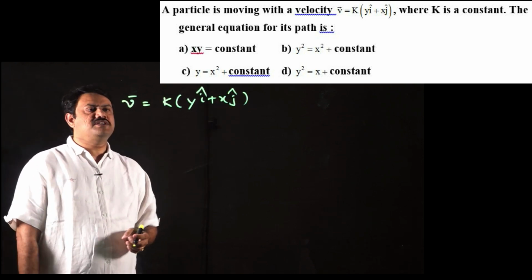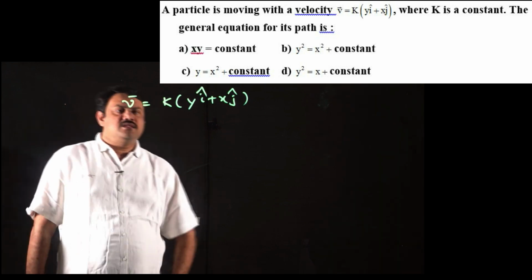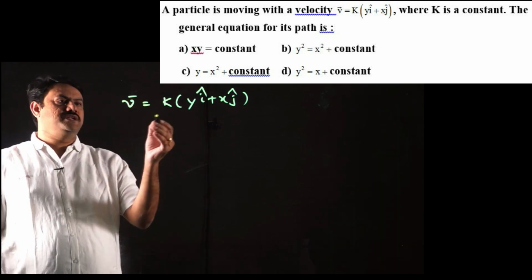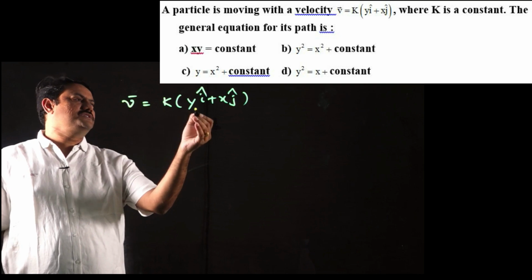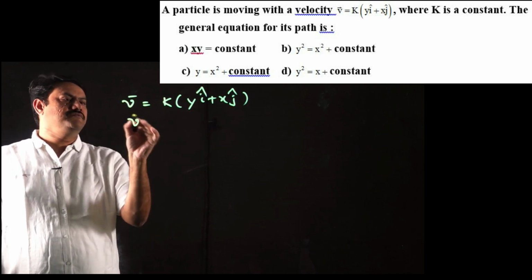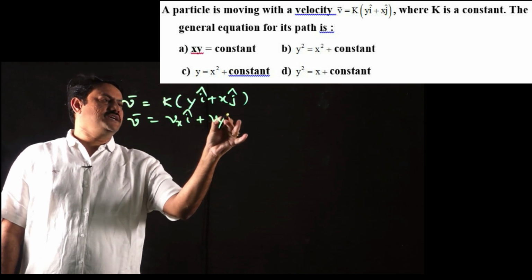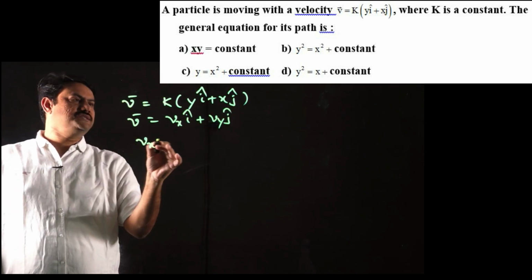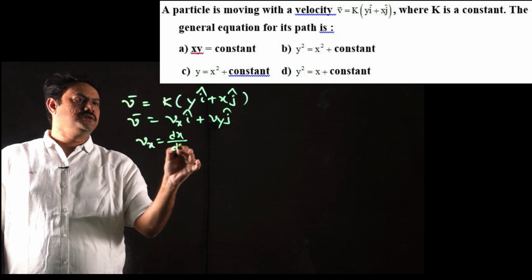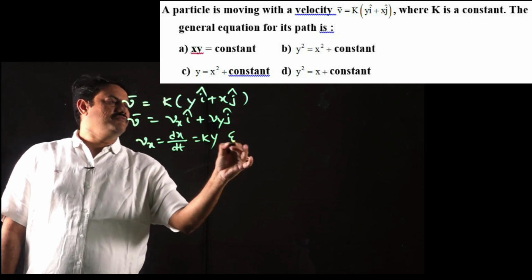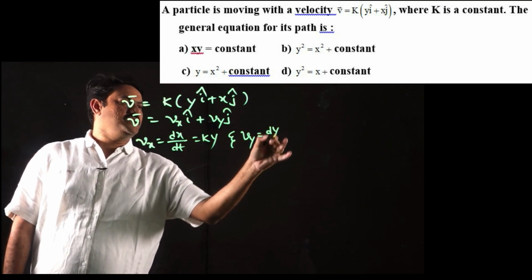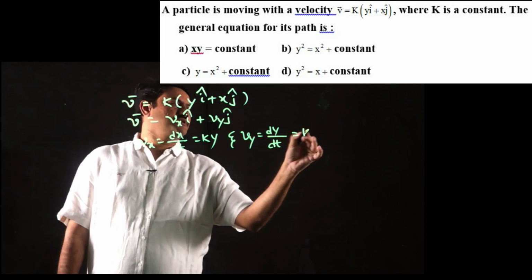The general equation for its path is? To calculate the general equation for path, v bar is equal to vx i cap plus vy j cap. Here vx is equal to dx by dt, that is equal to ky, and vy is equal to dy by dt, that is equal to kx.